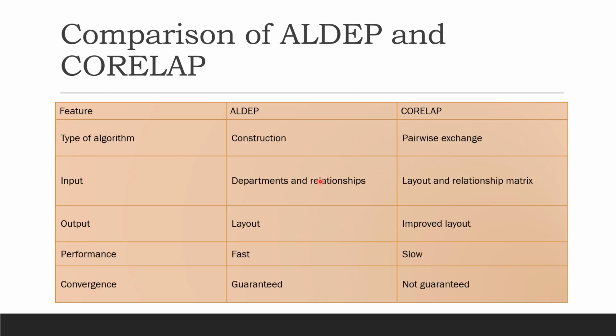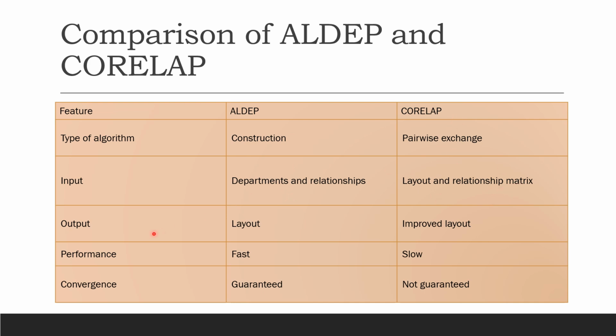So this is the ALDEP and CORELAP comparison. The type of algorithm used in ALDEP is a construction algorithm, and in CORELAP we use pairwise exchange. For input, ALDEP takes departments and relationships, and CORELAP takes a layout and a relationship matrix.